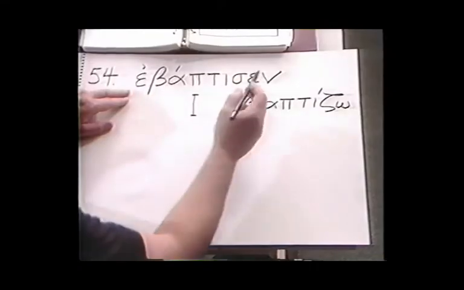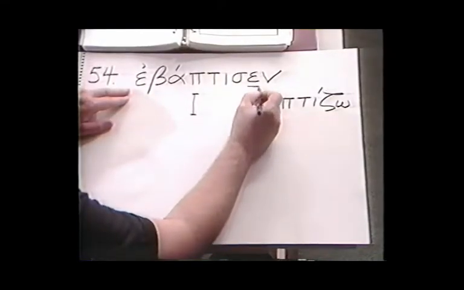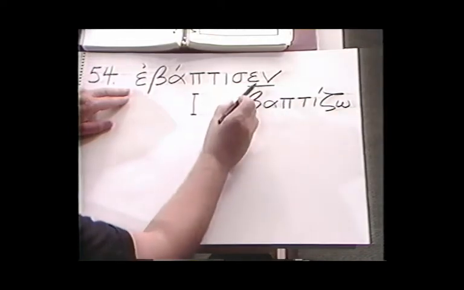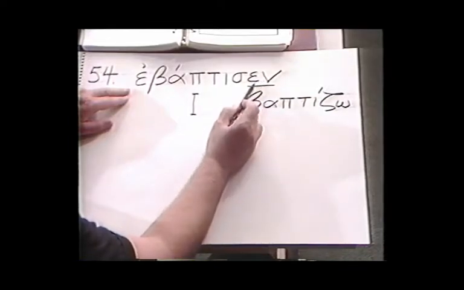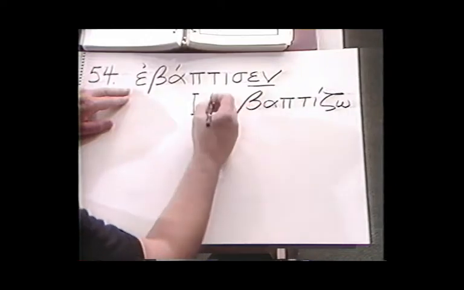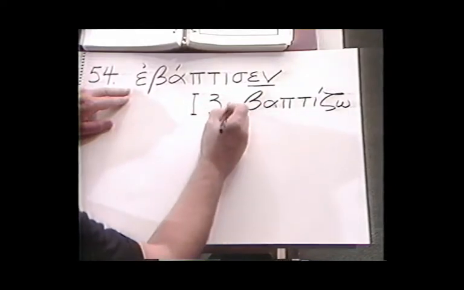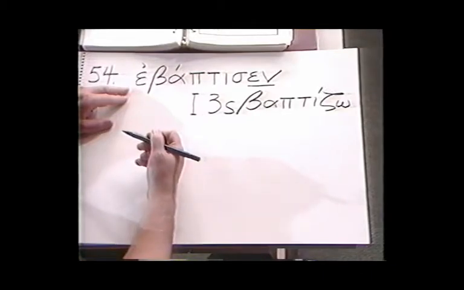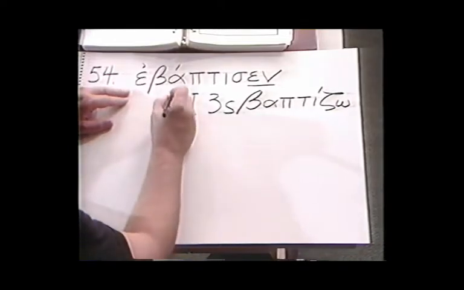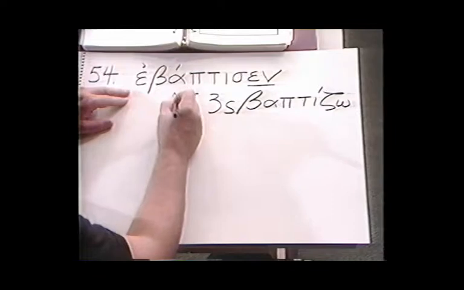Go to the back part of the verb and let's identify the ending back here. Well, technically it's not an ending. Technically it is just a connecting vowel and a movable nu. But we will think of it as an ending, this epsilon nu, and it is the third singular. Is it an active ending or is it a middle passive ending? Well, all we have learned so far are just the active endings, and yes, it is an active ending.